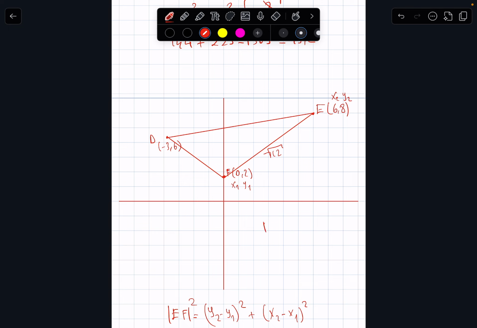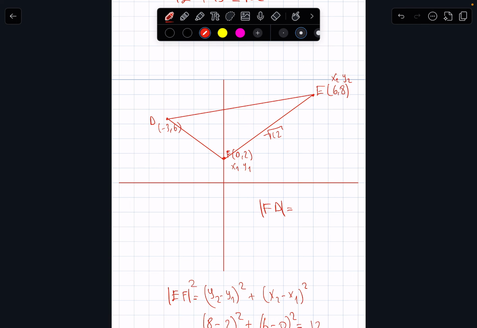Let's find FD. Same thing. In this case, since we are taking the square root, the order actually doesn't really matter in here, but let's see. 6 minus 2 square plus, right?